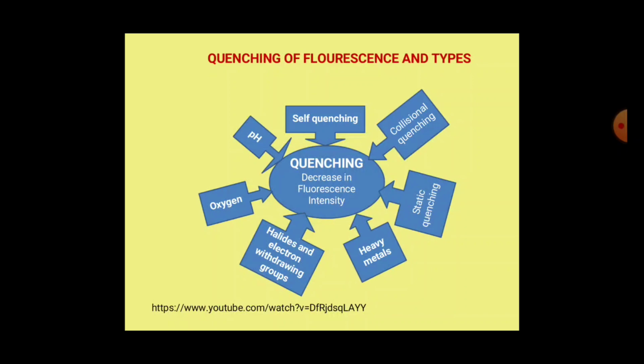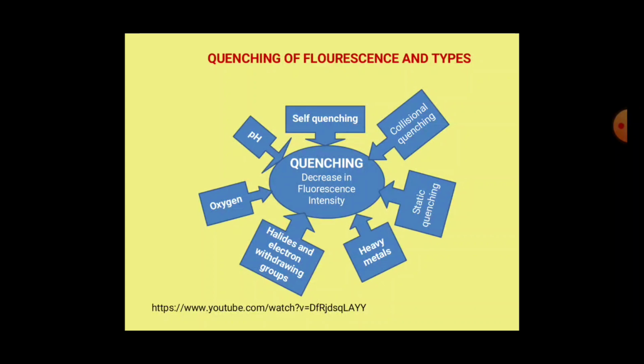First one, self-quenching or concentration quenching. At low concentrations, when we plot a graph between concentration versus percentage fluorescence intensity, we will observe a line passing through the origin. But at higher concentration, the fluorescence decreases. Why? Because as the concentration increases, the fluorescence decreases. This phenomenon is called self-quenching or concentration quenching. Next, pH.